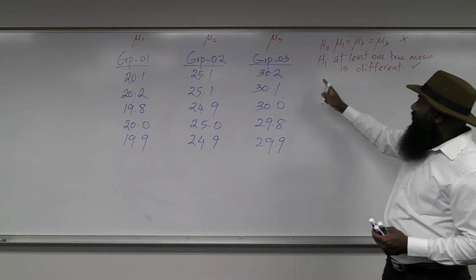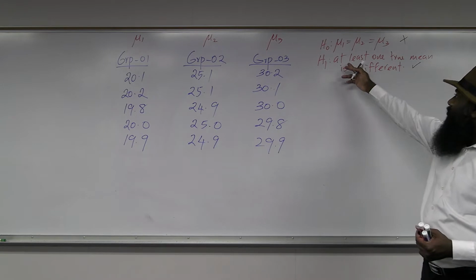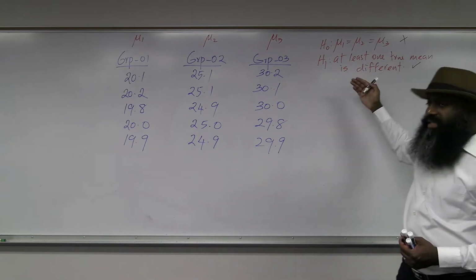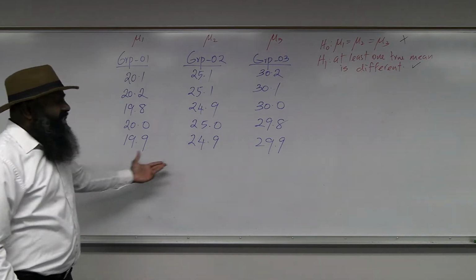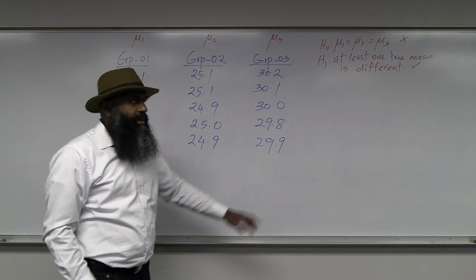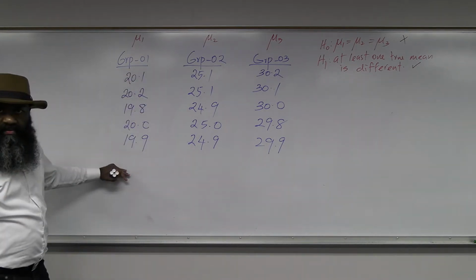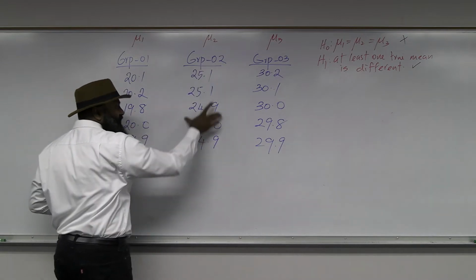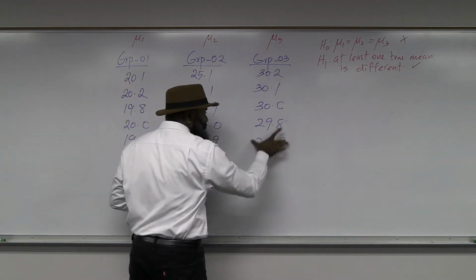That means we have statistical evidence to conclude that at least one true mean is different from the other true means. Of course, just by looking at this data set, we can say that all 3 means are different from each other. Very clear, because all the data points in group 1 are very close to 20. All the data points in group 2 are very close to 25. All the data in group 3 are very close to 30.